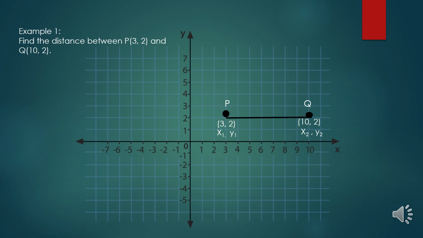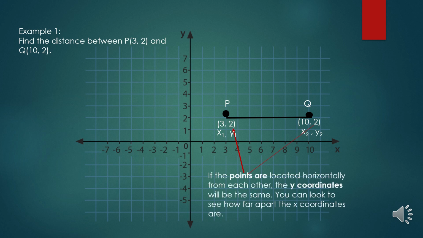Connect point P to Q. The line is horizontal when they both have the same y coordinate. As you can see in their coordinate points, if the points are located horizontally from each other, the y coordinates will be the same. You can look to see how far apart the x coordinates are.